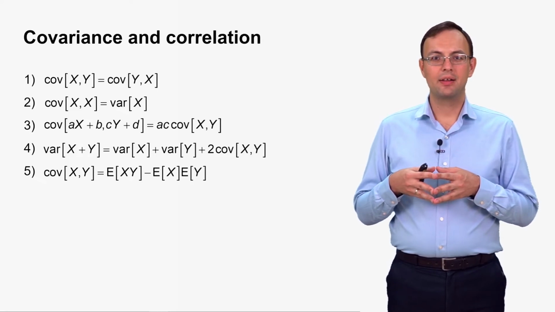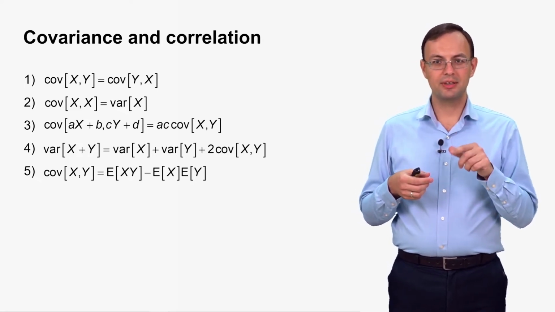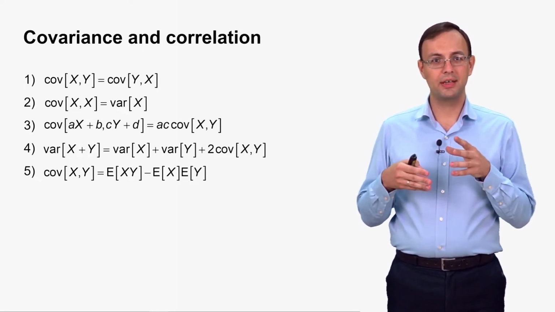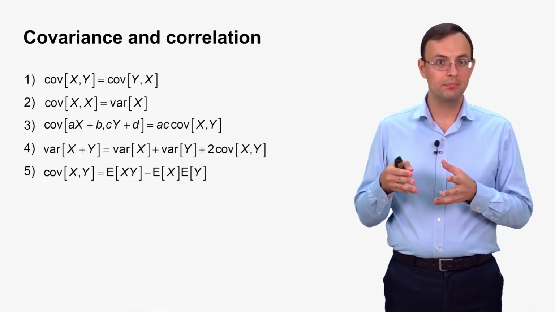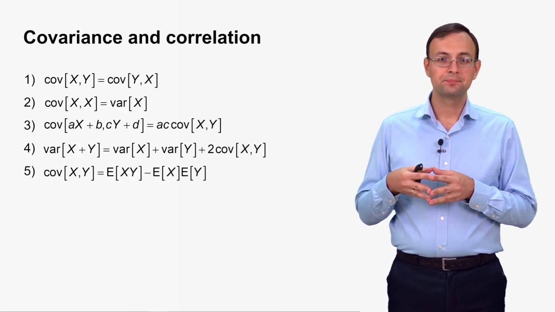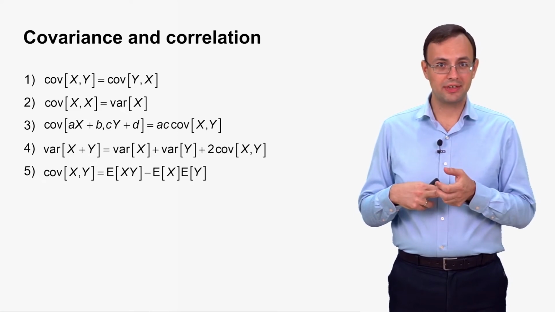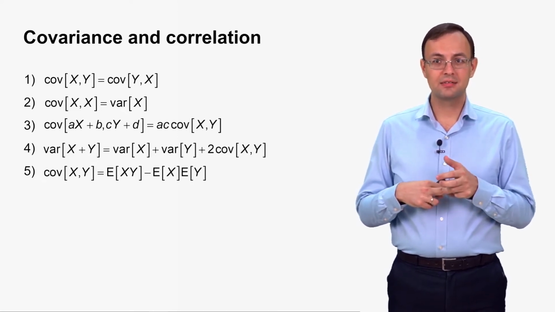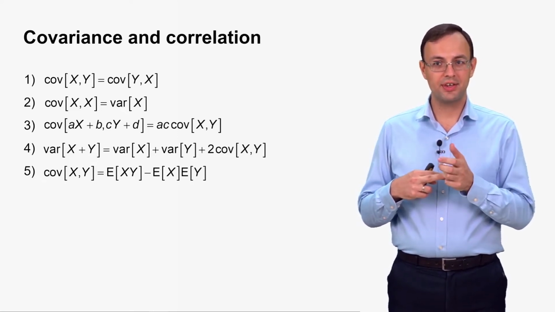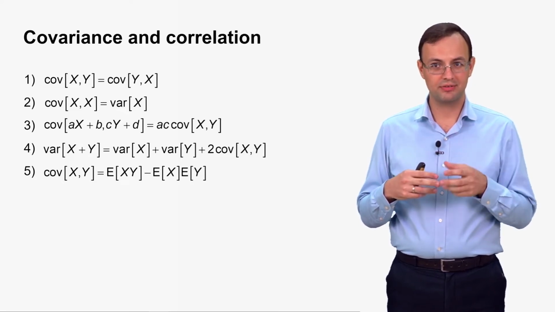So this is the formula. Number 4 is the formula for the variance of a sum of two random variables. It is the sum of variances plus 2 times their covariance, plus double covariance.